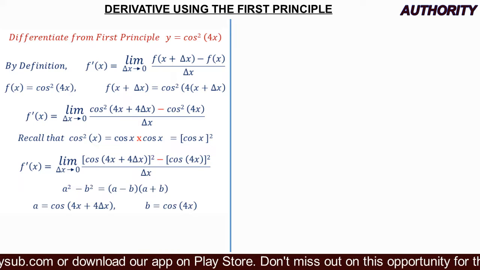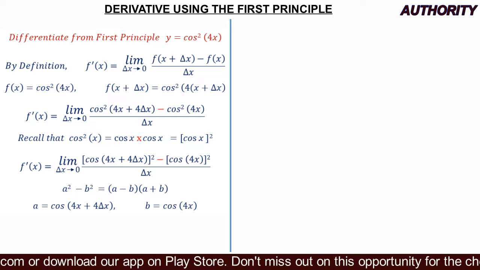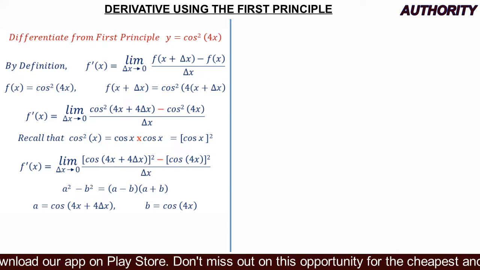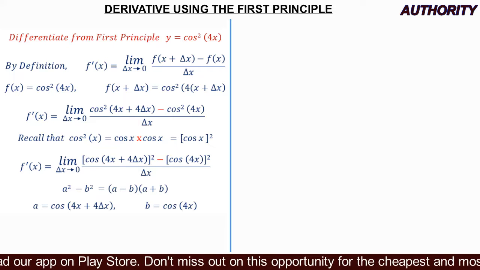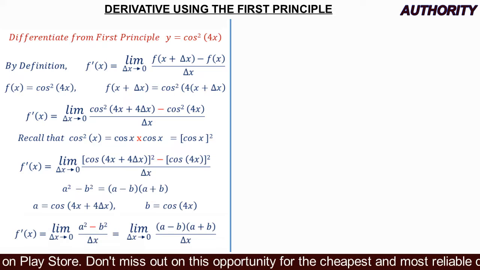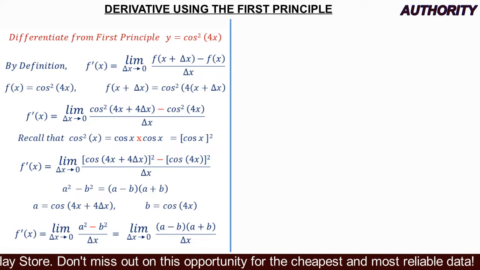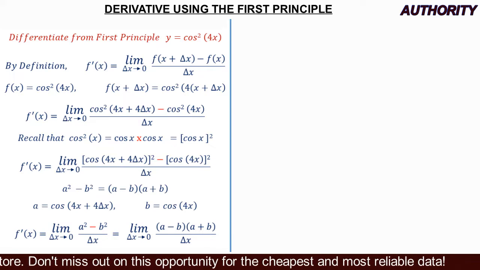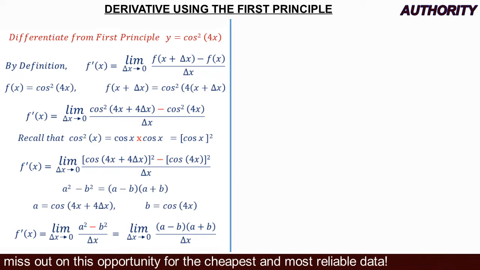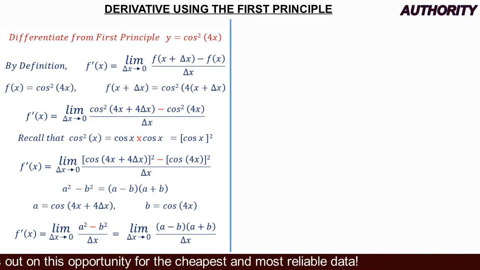In this case, let a equal to cos of 4x plus 4 change in x, and b to be cos 4x. If we give it this name, look at how it's going to look. That means in our function now, we have f prime of x is equal to limit as change in x approaches 0. In place of cos of 4x plus 4 change in x, all in bracket squared, we write a.